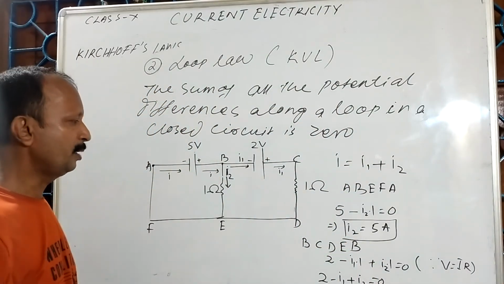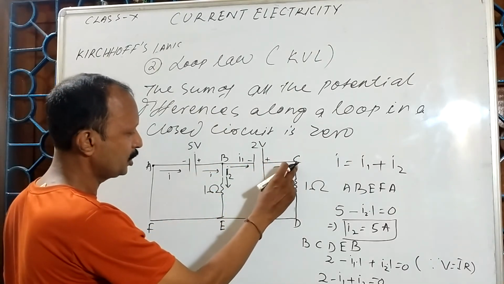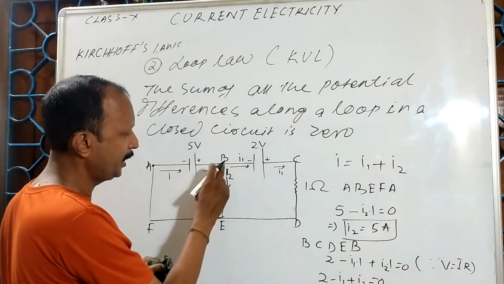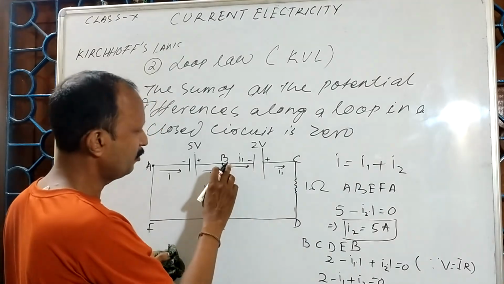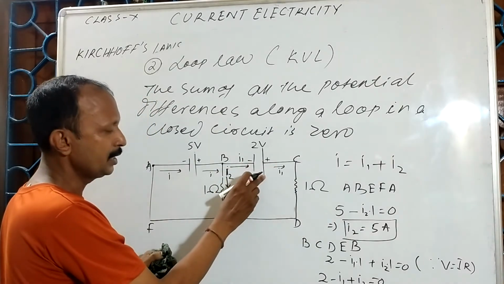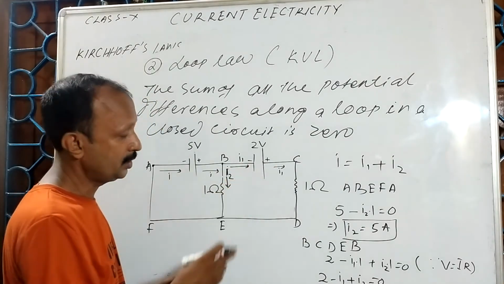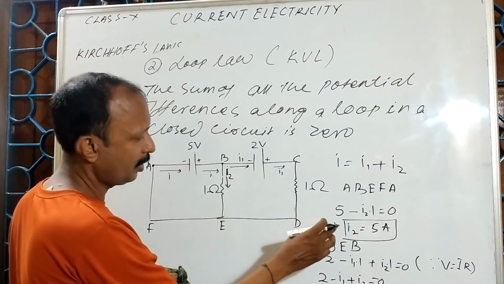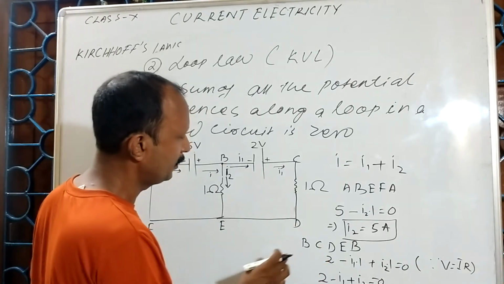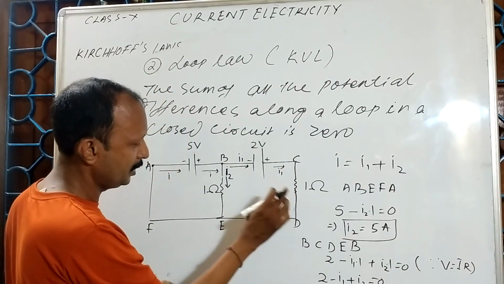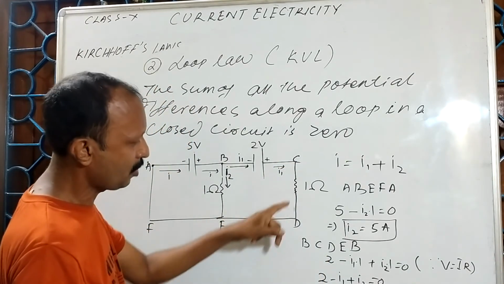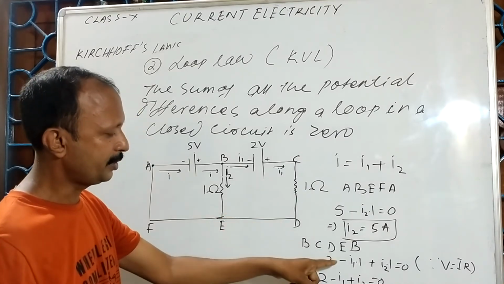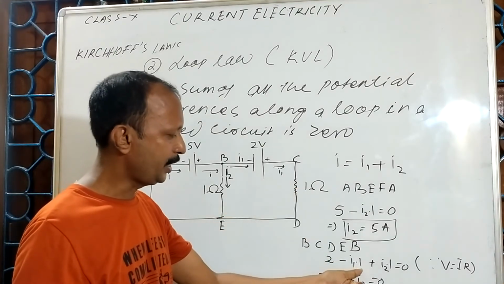See here, once again I am repeating. I am moving from B to C, C to D, D to E, again E to B. Whenever I am moving from here to here, there is a potential rise. You are moving from the negative side to the positive side, so I have taken that as positive. But whenever I am moving like this, there is a potential drop. That's why I have taken it as negative.